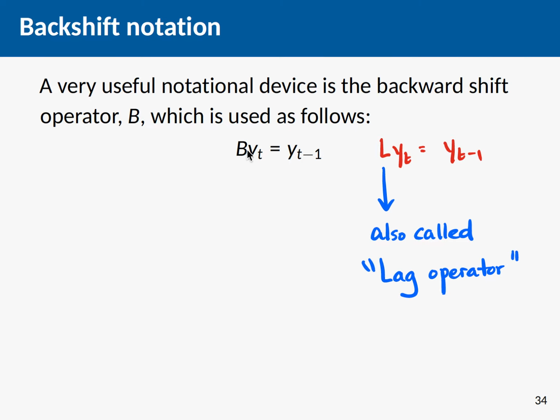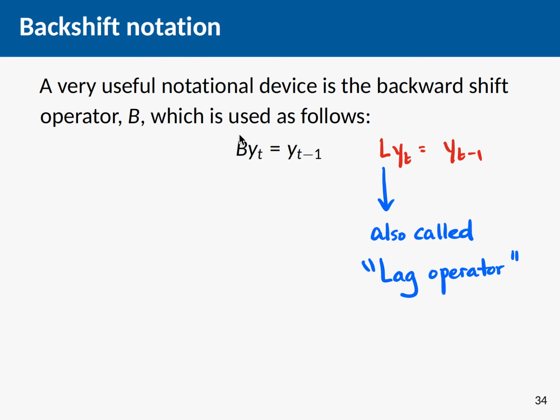So if y is the observed value at time t, and you put B in front of it, you would get yt minus 1. What you're doing essentially is lagging your time series one period back. And that's why it's called the backshift operator.